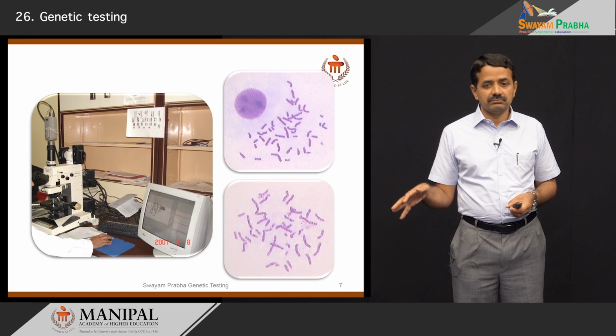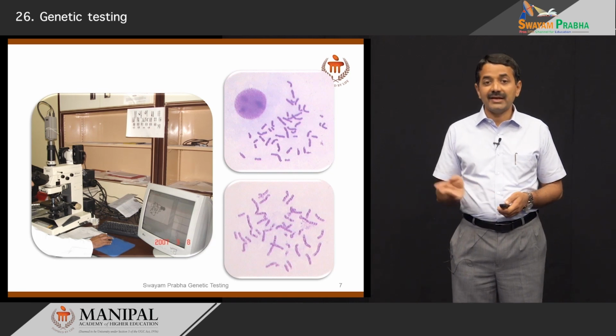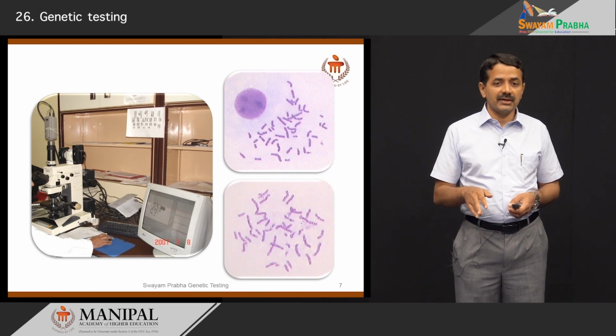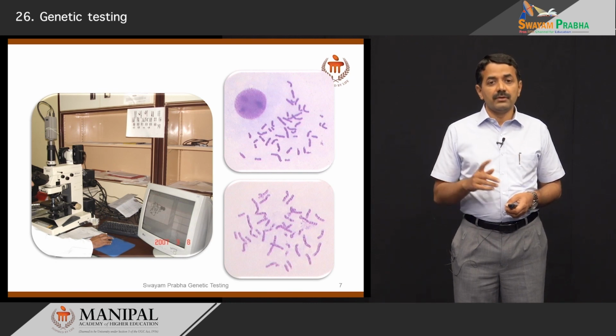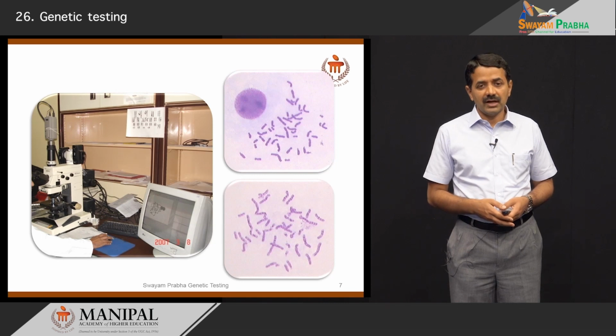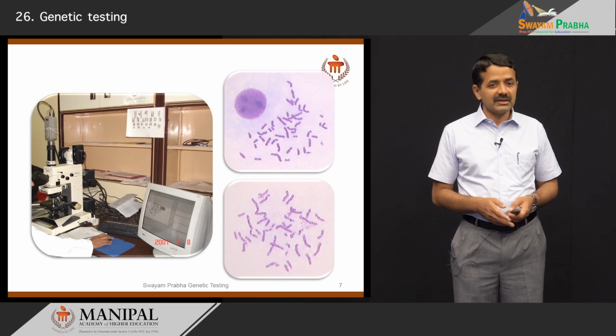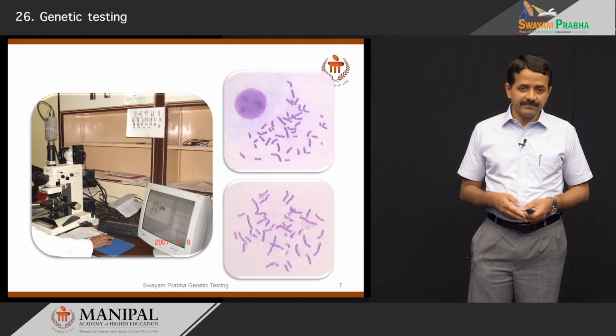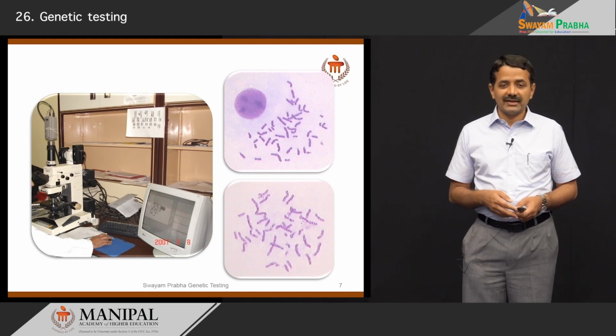Then they are stained, traditionally with Giemsa, and banded with trypsin, and you analyze using a computer and a microscope. Now we have several automated systems available, but it requires a human mind or brain behind the microscope and the computer to analyze this.